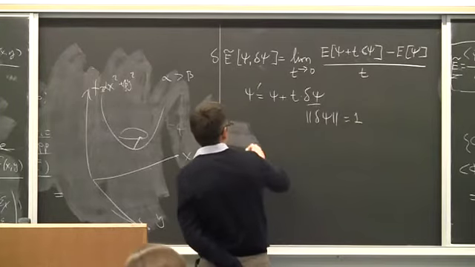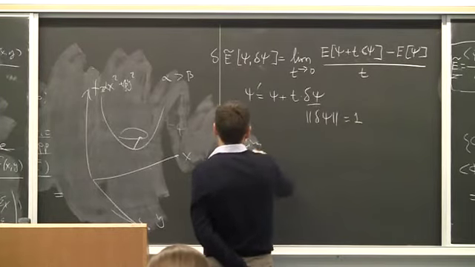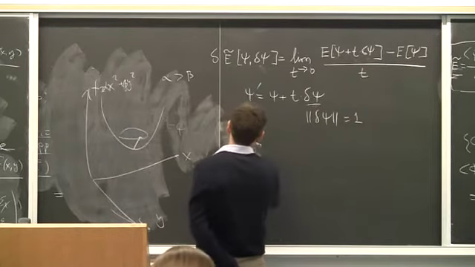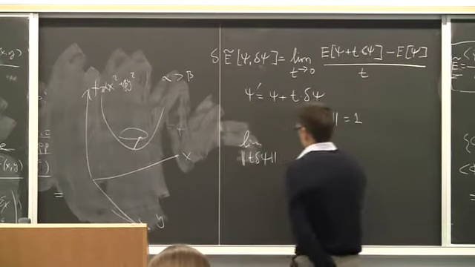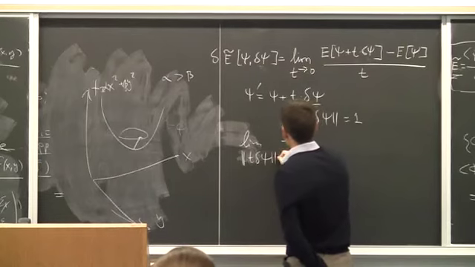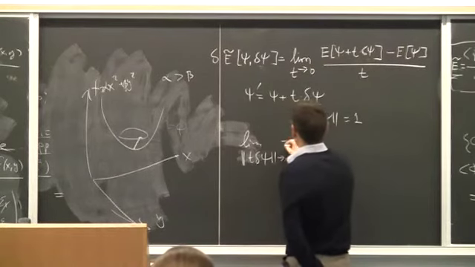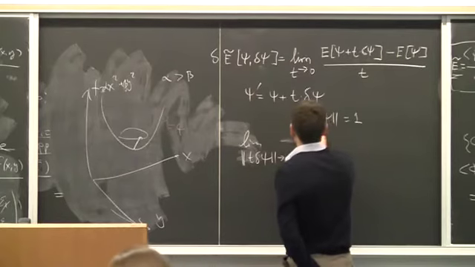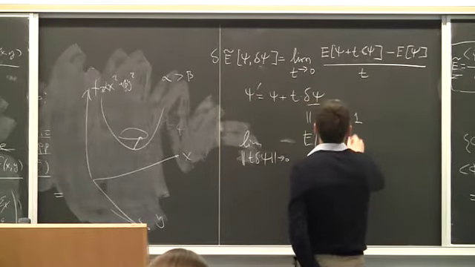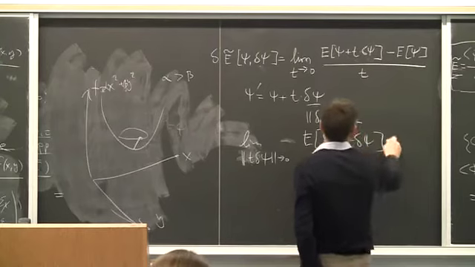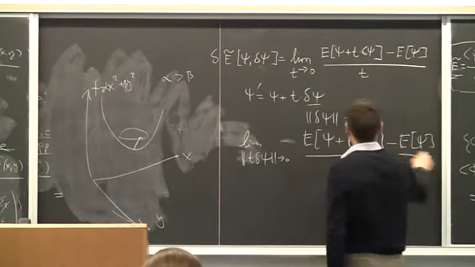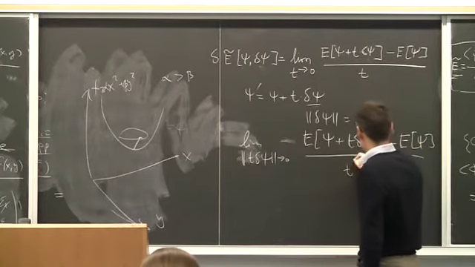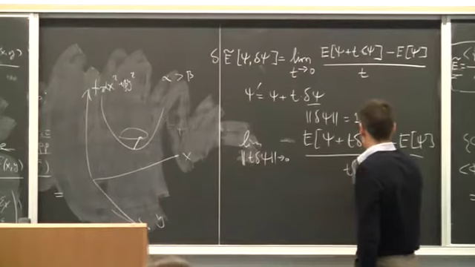Then you can even write something like the norm of t nabla psi goes to 0 because of the t, and then you have a limit of e of psi plus t delta psi minus e of psi, divided by the norm of t psi.